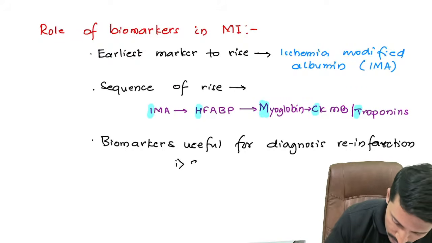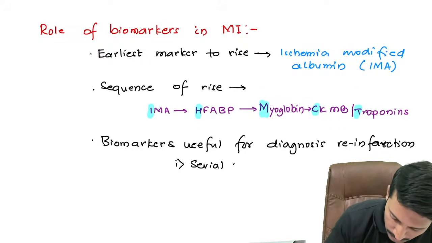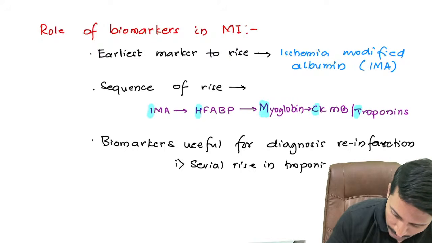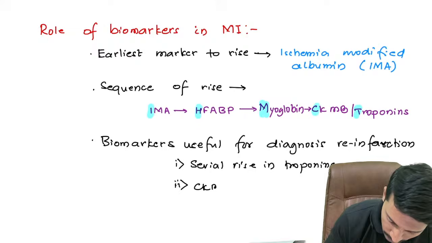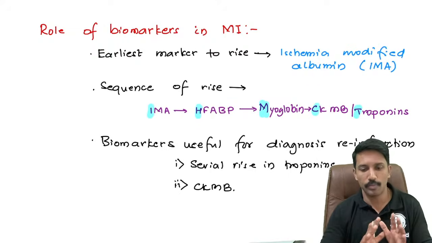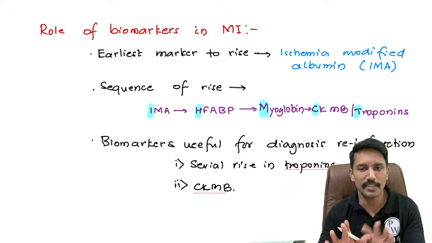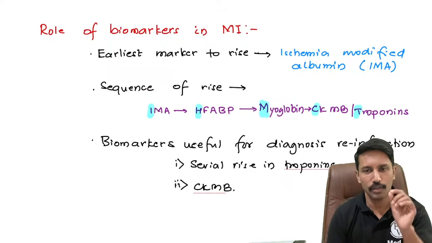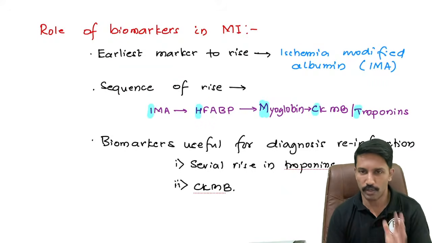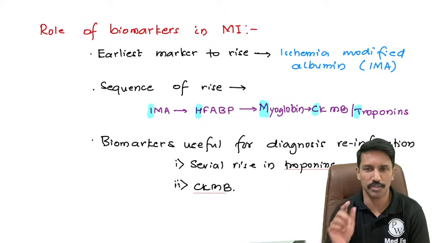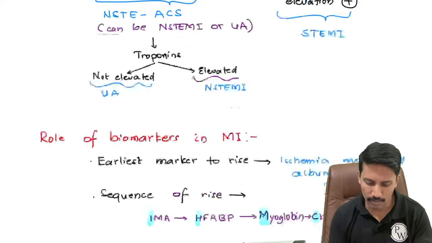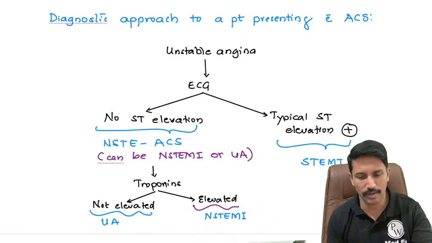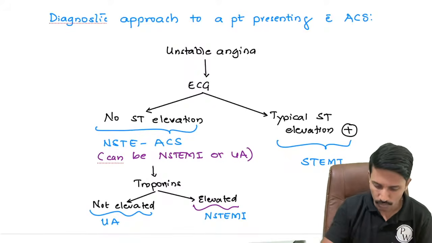First one is serial rise in troponins, and second one is CKMB. You don't have to elaborate on the biomarkers until and unless specifically asked by the examiner, right? Write the role of biomarkers in the diagnosis of myocardial infarction, or it is a 2-mark question asking you to write about biomarkers in MI. Otherwise, this algorithm is more than enough. As long as you're able to write it, you are sailing through the marks.